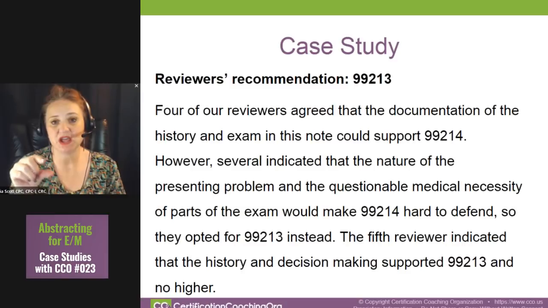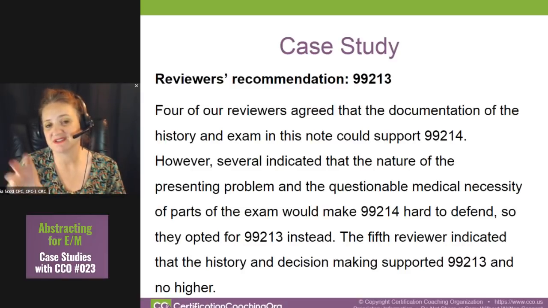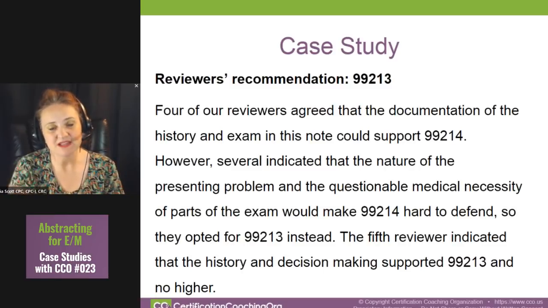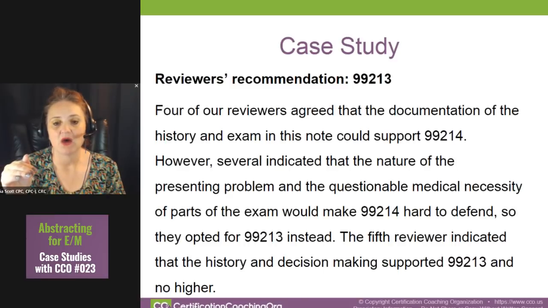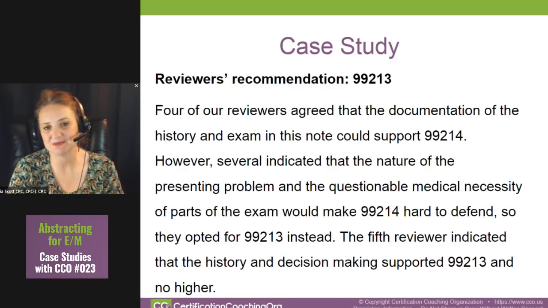Now, if the patient had a new diagnosis of hypertension versus they've got a cold and they smoke, that's different, because the medical decision making that goes along with a chronic condition like that is much higher versus this person has a common cold, right? And they just happen to smoke.